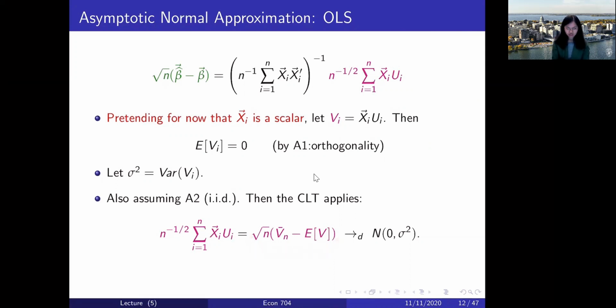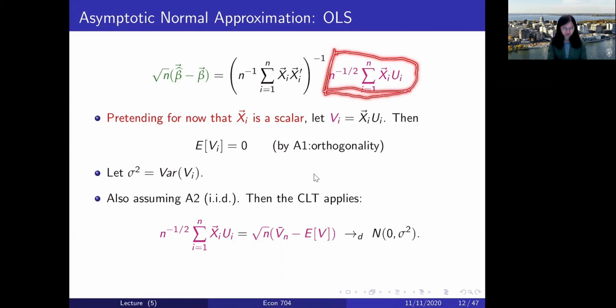And that converges in distribution to a normal random variable with mean 0 and variance that equals the variance of V. So if we use sigma squared to denote the variance of V, then that limiting distribution should be normal(0, sigma squared). So if this is a scalar, then we can apply the central limit theorem that we have used in the first part of this course to show that this is asymptotically normal.